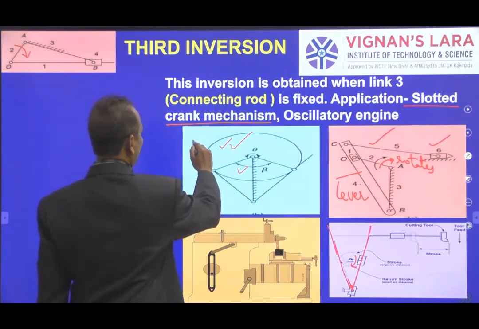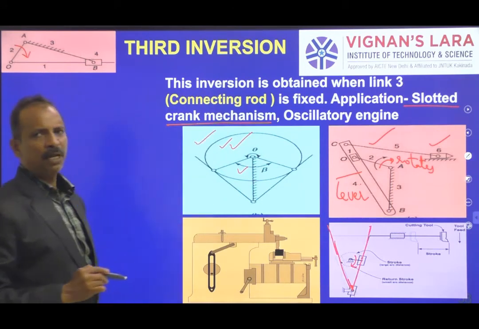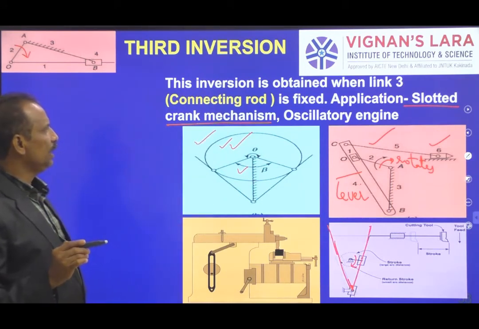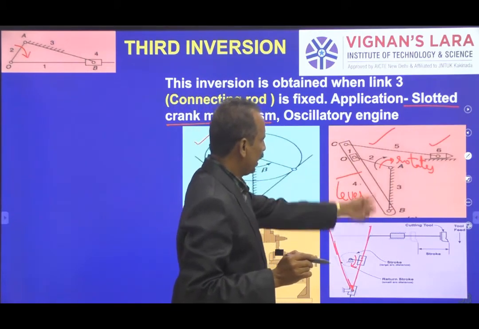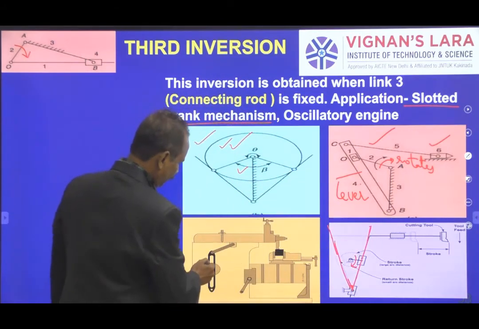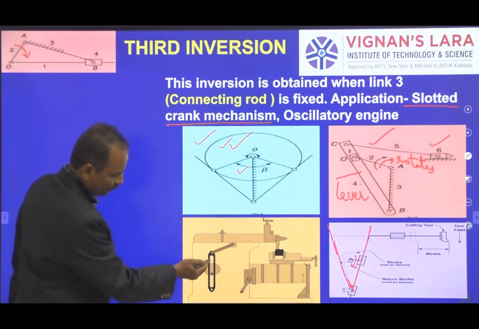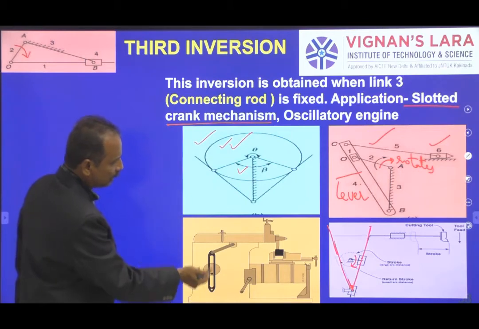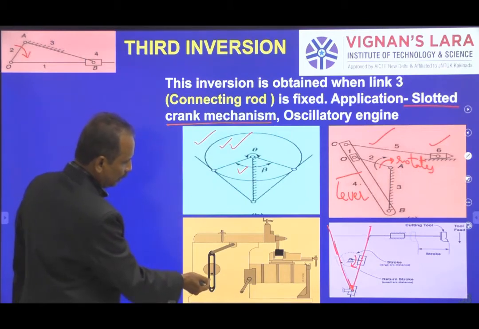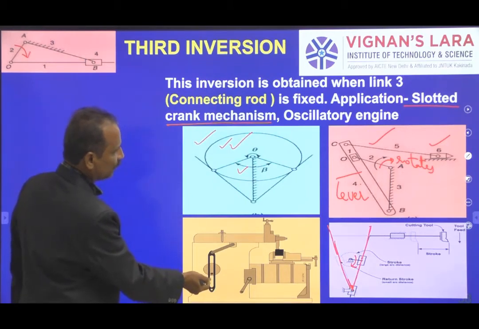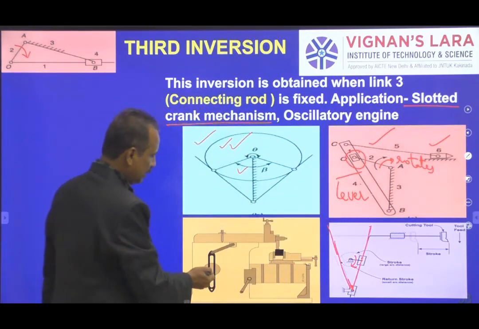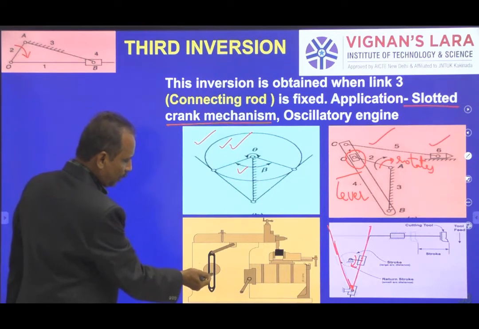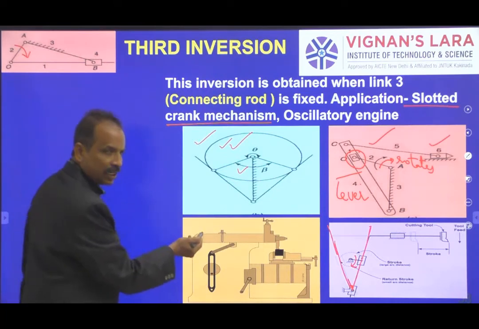So this is another inversion which is named the slotted lever crank mechanism. This lever will have a slot, you can see here. In this slot, your sliding block is rotating as well as reciprocating.